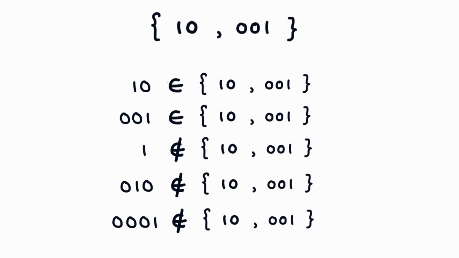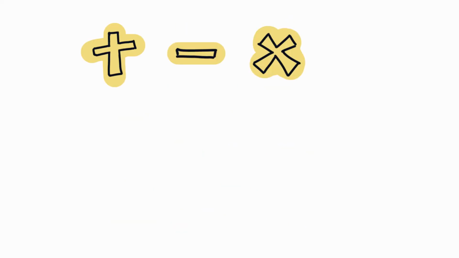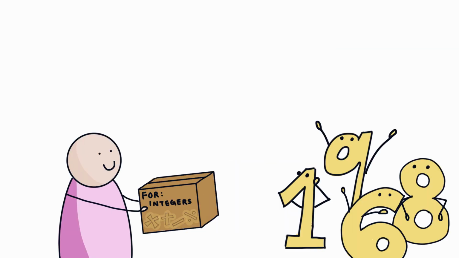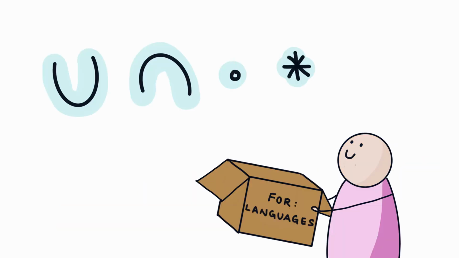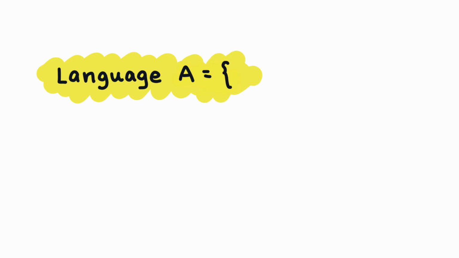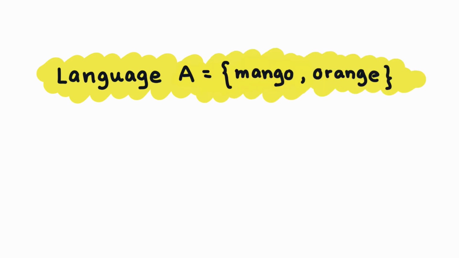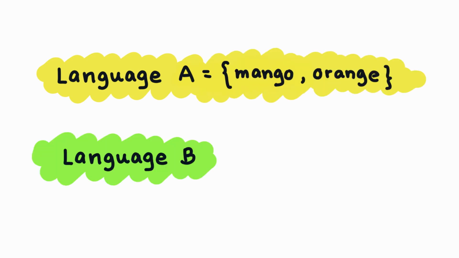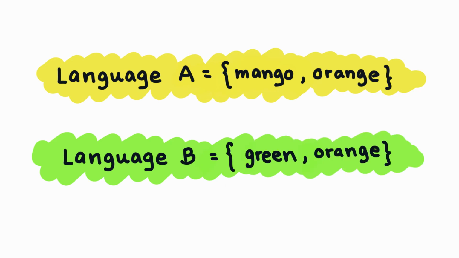One more important thing to know about languages is that we can perform operations on them. Similar to how addition, subtraction, multiplication, and division are operations we perform on integers, there are operations we can perform on languages. As examples, we'll use these two languages, A, which contains the strings mango and orange, and B, containing the strings green and orange.